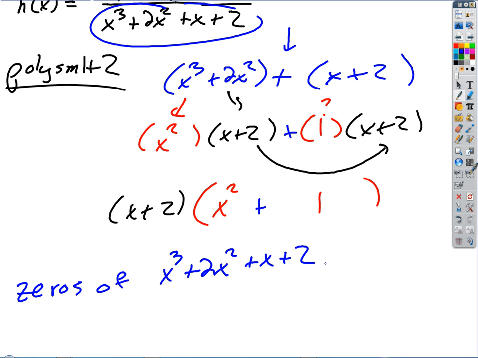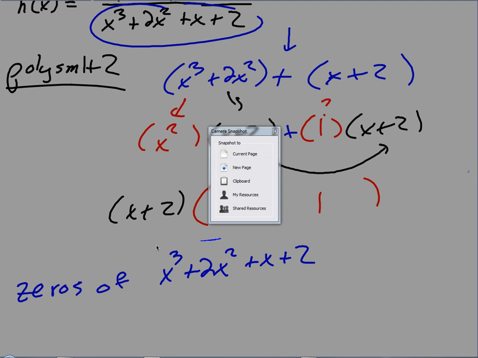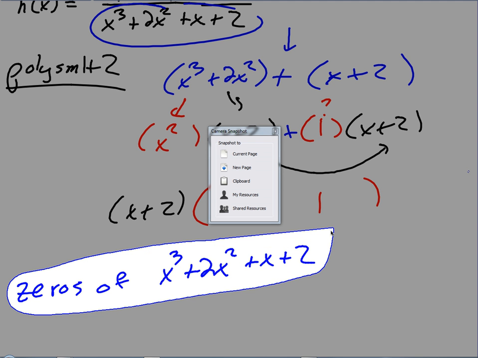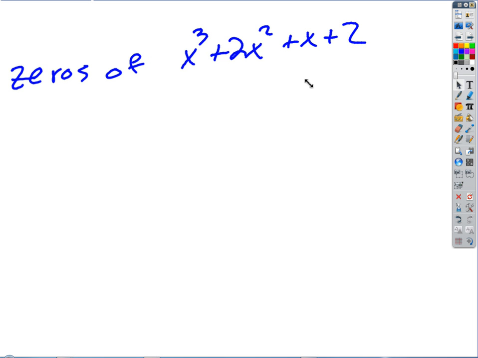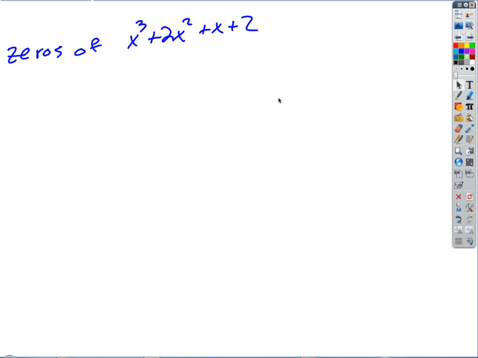I better go to the next page because I'm going to run out. Oh, that's huge. Okay, how else could I do that? How could I test for zeros?